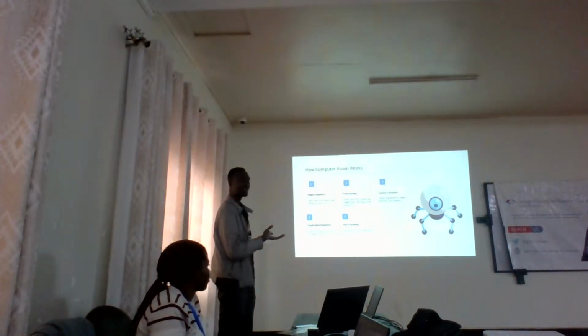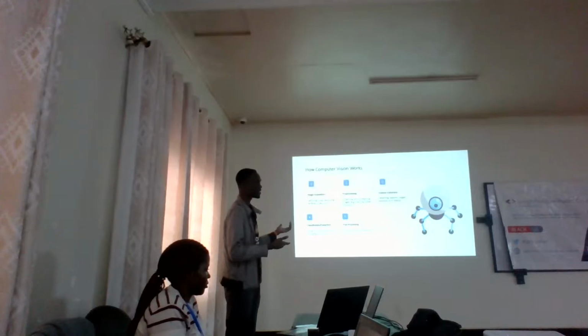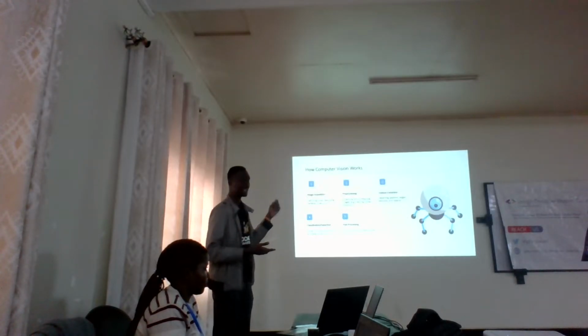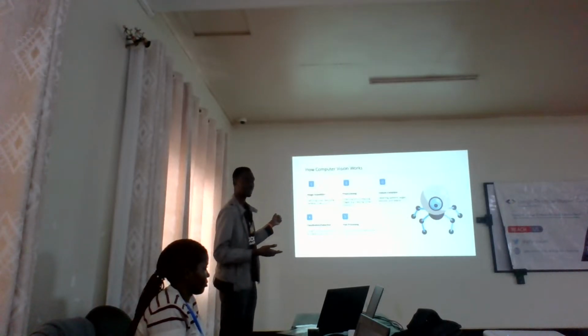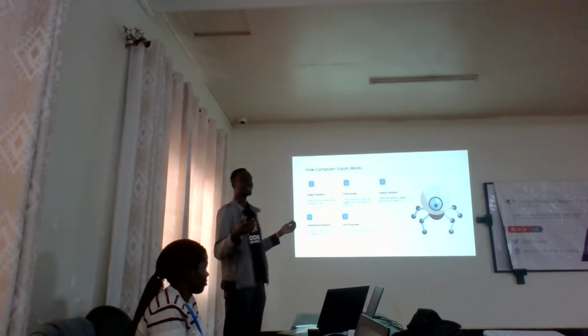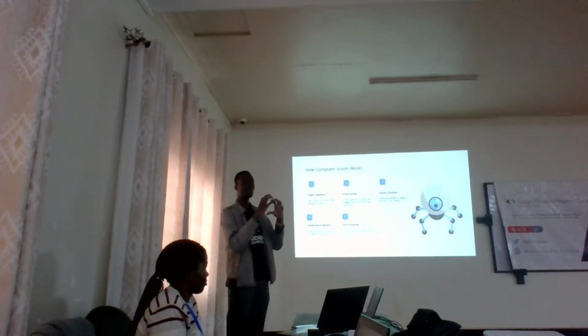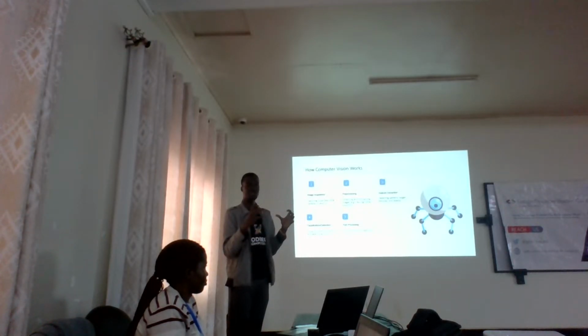So when you're dealing with image processing, which is a concept of computer vision, that's the same thing you're going to do. You'll do other things like data augmentation, which is for when you have a very small data set. For example, you have very few images, but you have to train your model on them. Now, when you have few images, that model is not going to be robust.